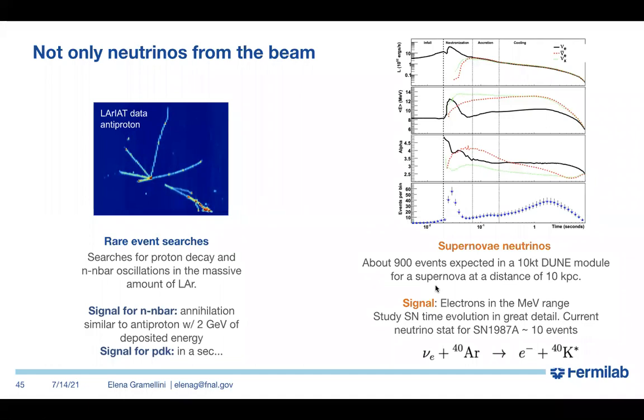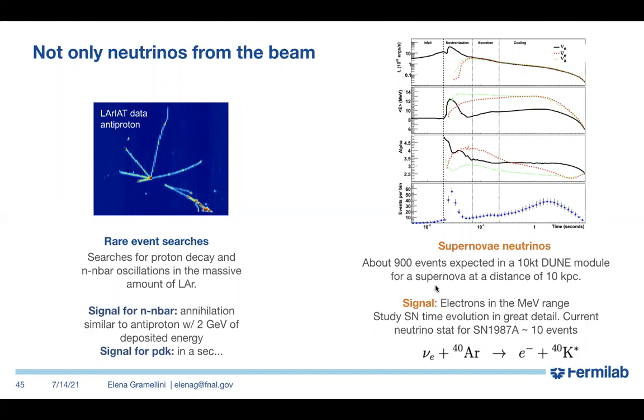So the signal for a rare event like an NN-bar event. NN-bar is the spontaneous oscillation of a neutron into an anti-neutron. And if this happens, you are going to have an anti-neutron hanging out in your nucleus, and it's going to find a neutron to annihilate with.